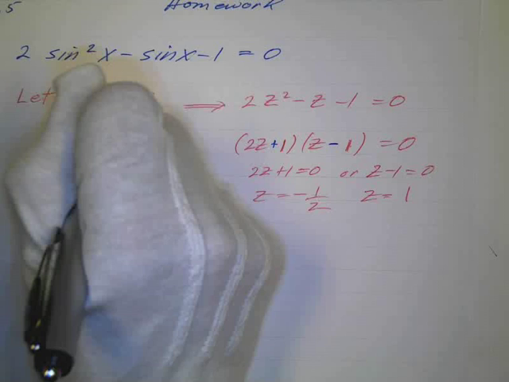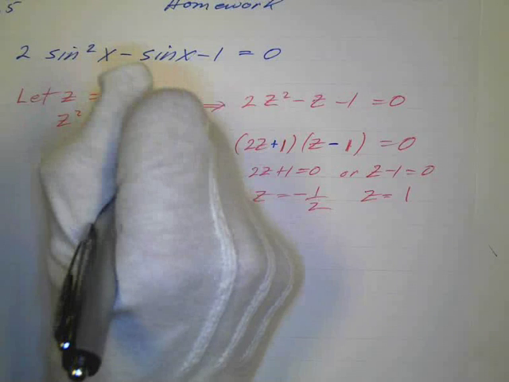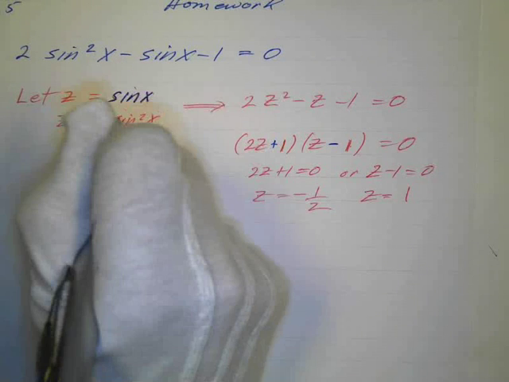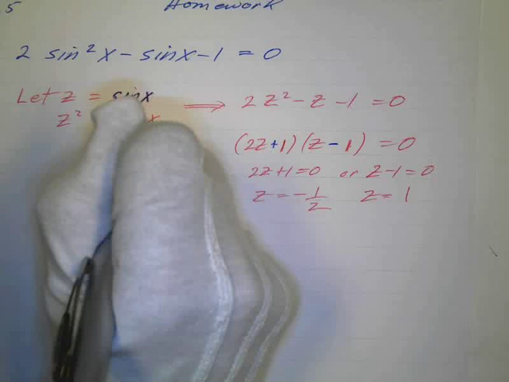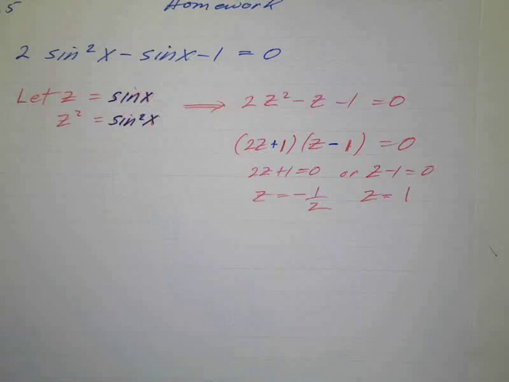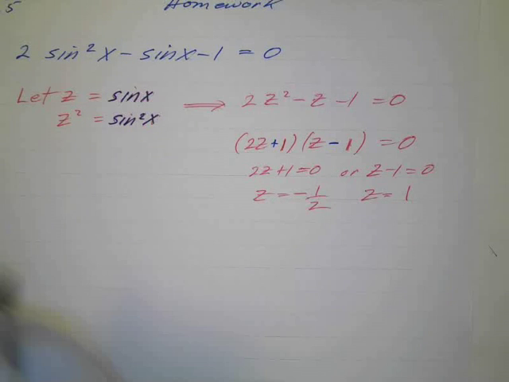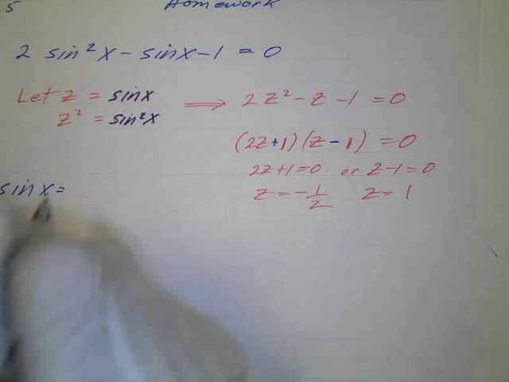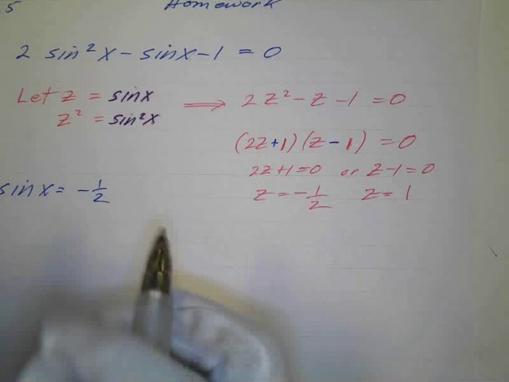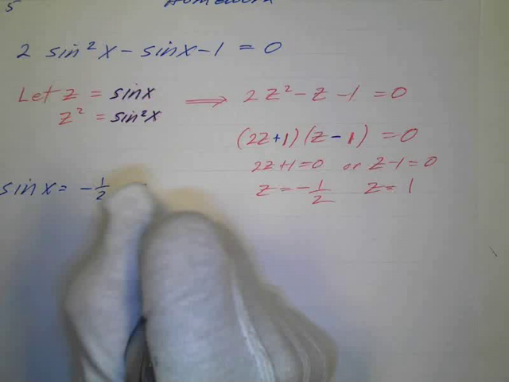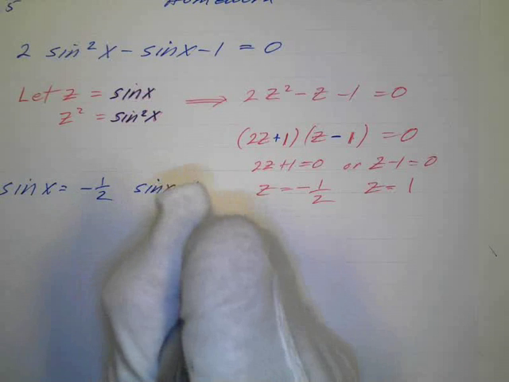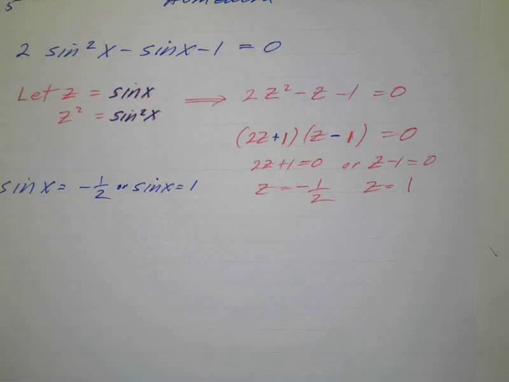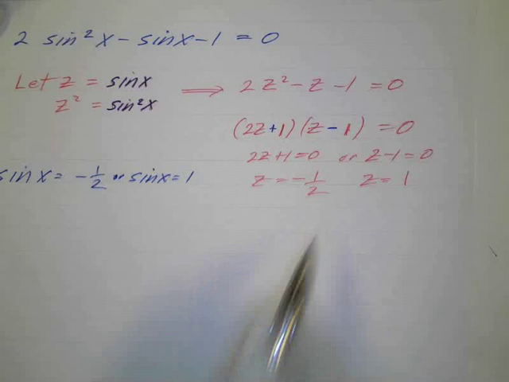Should have written that in blue. So I'm going to write sine of x equals negative 1/2, or sine of x equals 1. So those are the two equations that come from here.